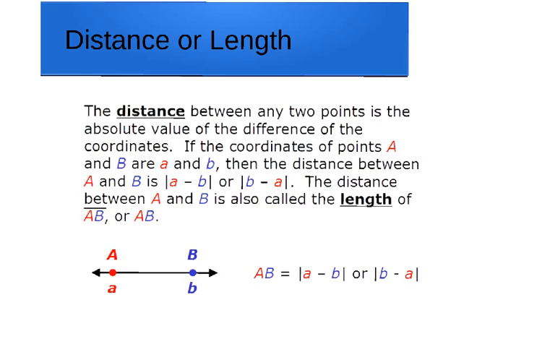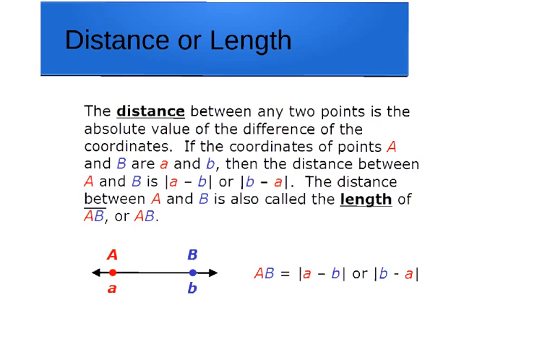So if the coordinates of points A and B are a and b, then the distance between A and B is a minus b or b minus a. The distance between A and B is also called the length of segment AB, or just AB.